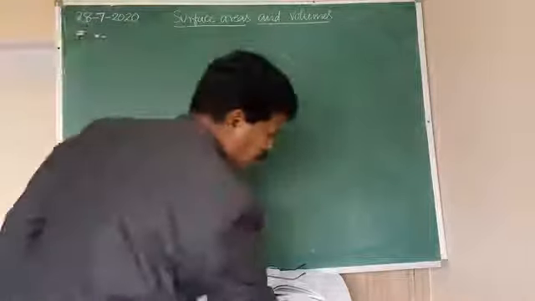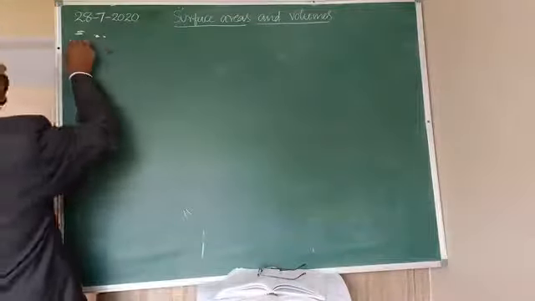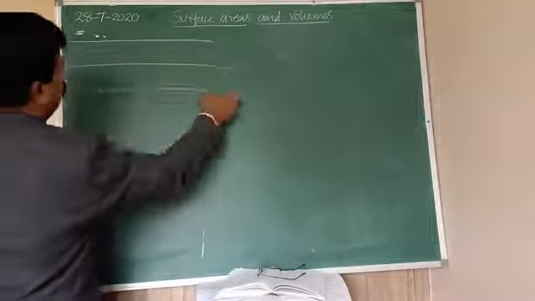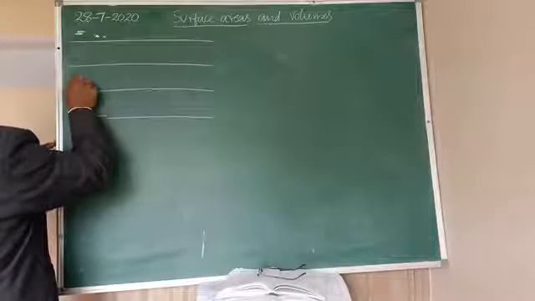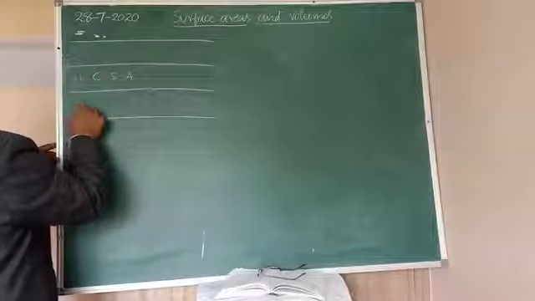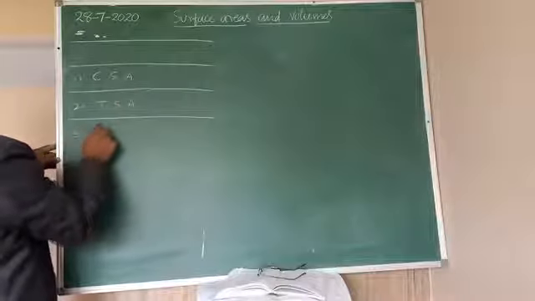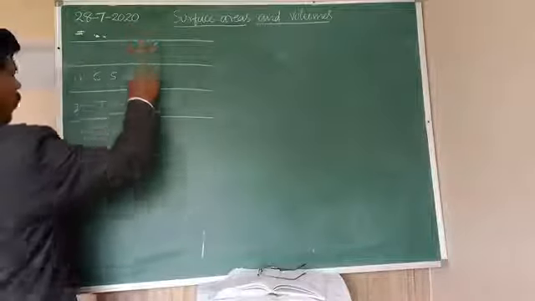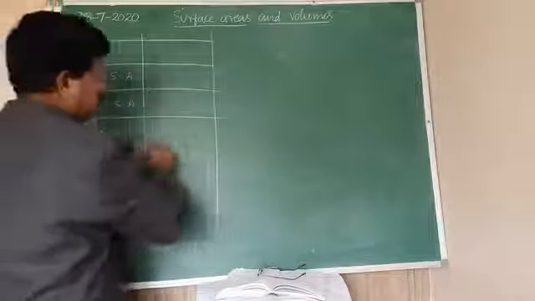I'm just giving a brief summary. The first one is curved surface area, the second one is total surface area, and the third one is volume. Now here are the solid objects.